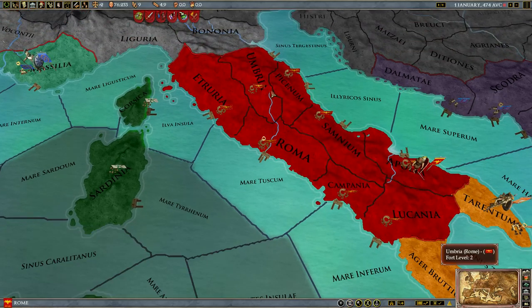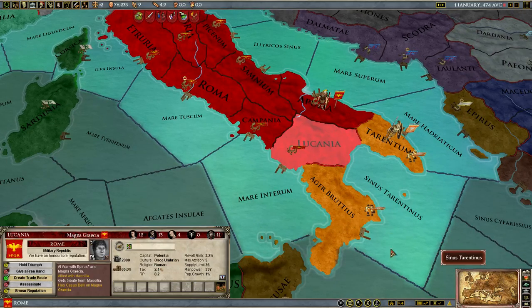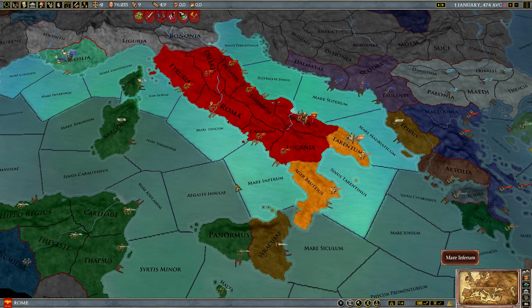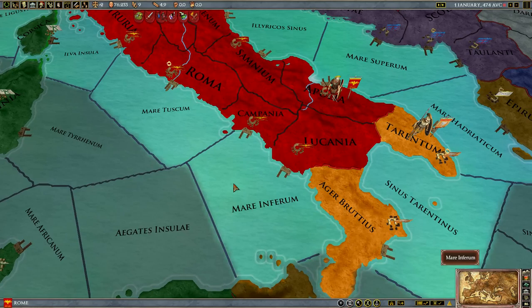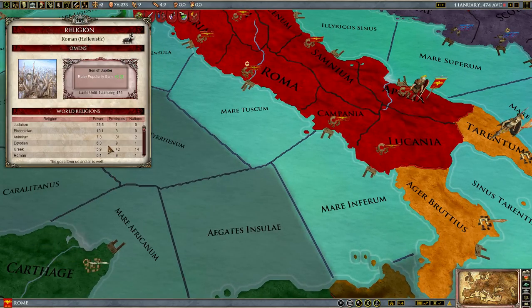If you own a province which is not of your religion, say I owned a Greek province or something, and built a temple in it, it would actually improve the Greek religion. So, it may not always be best to build a temple in all of your provinces. And also, in addition to this, the number of provinces and nations that follow the religion also grant power.